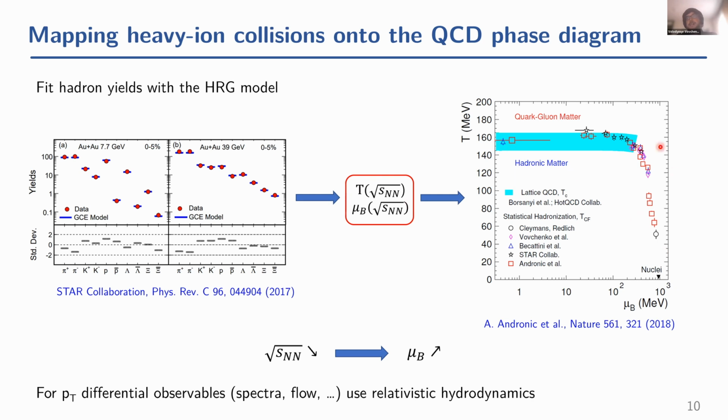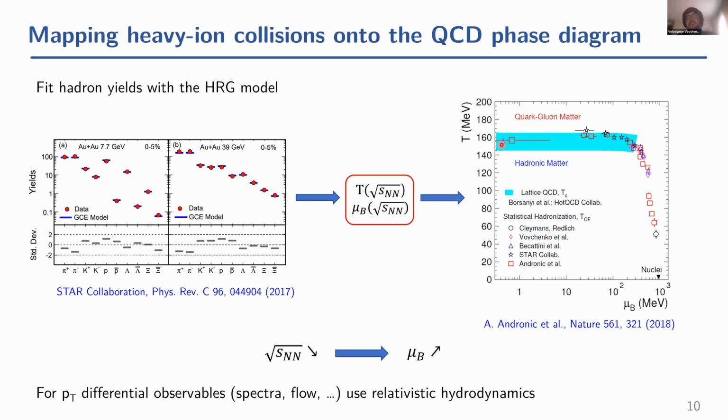And this is roughly how this looks when you do this, starting from the lowest energies of the HADES experiment, for example. This is, I think, about 2.4 GeV square root of s, and all the way to the LHC, you get the so-called chemical freeze-out curve in heavy ion collisions. At the largest energies, you are probing regions of matter which are characterized by a chemical potential which is approximately 0.